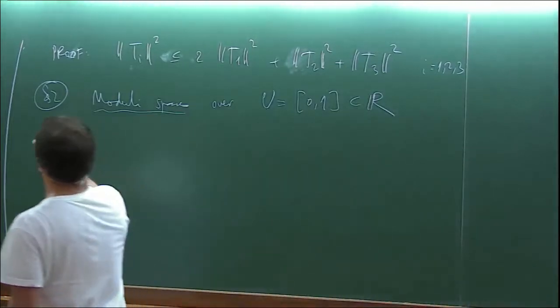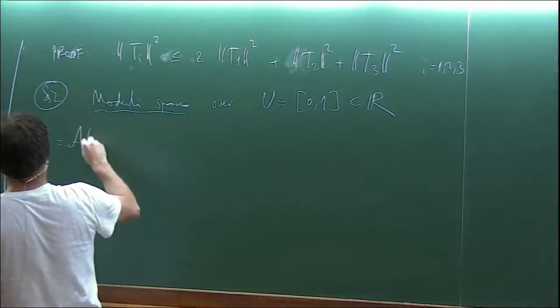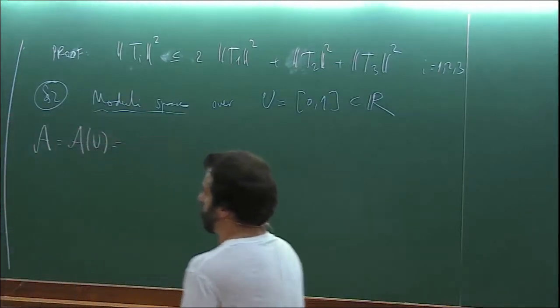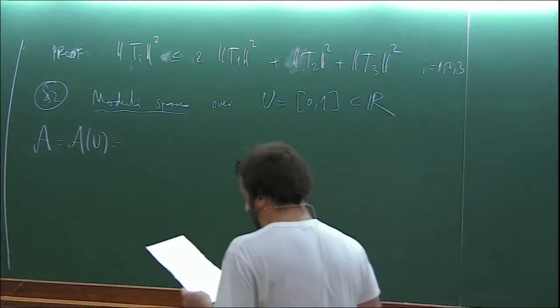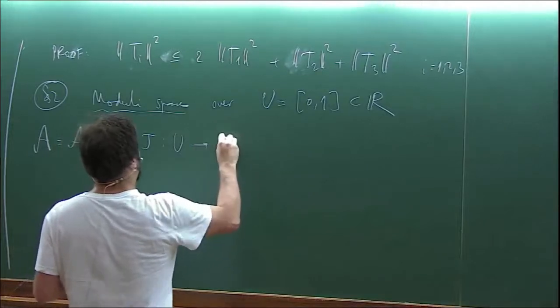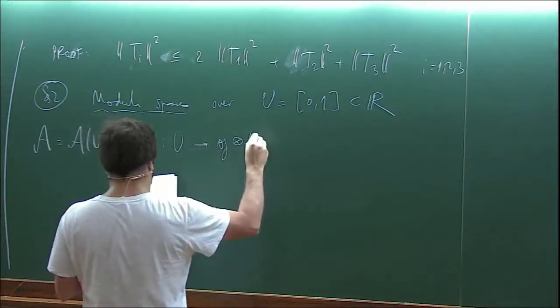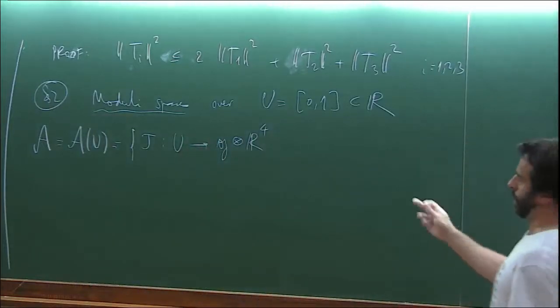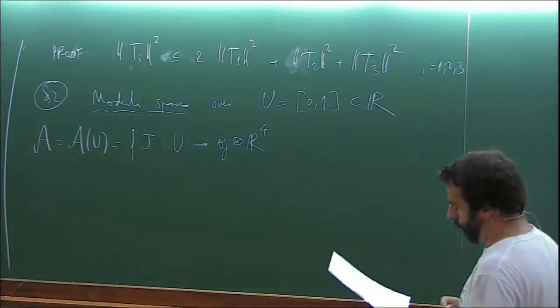So I look at the space of fields, which are, if you like, these matrices valued in the Lie algebra. So they are maps from U to G, the Lie algebra, tensored with R4.